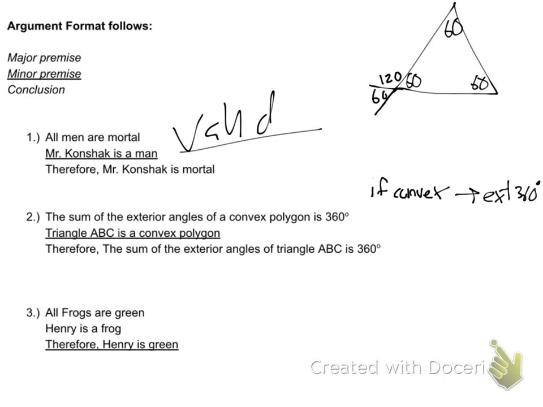It's 120. If I'm taking a walk and I get to this vertex, I'm technically looking down this line right here. What would it take for me to go this way? How many degrees? 120.